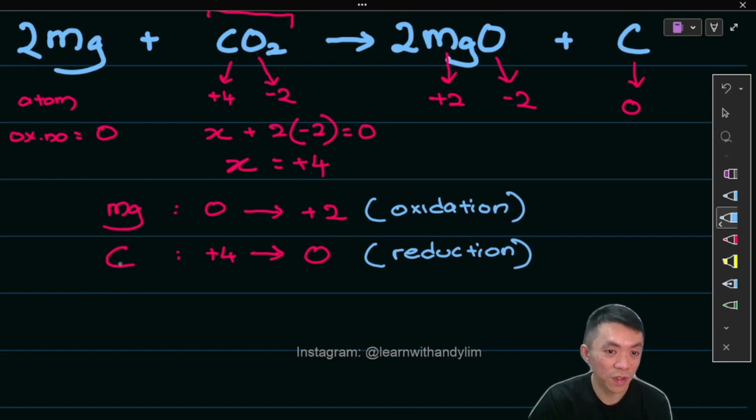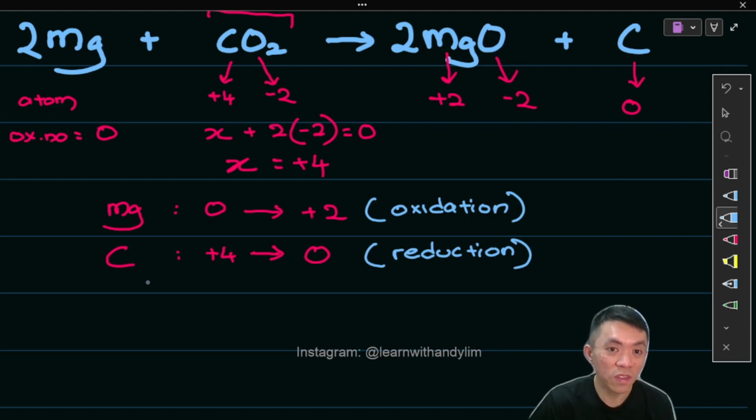Carbon is experiencing reduction. This is the exact species that undergoes reduction. There we go, this is in terms of oxidation number. By calculating the oxidation number, we can find out whether oxidation or reduction has happened.